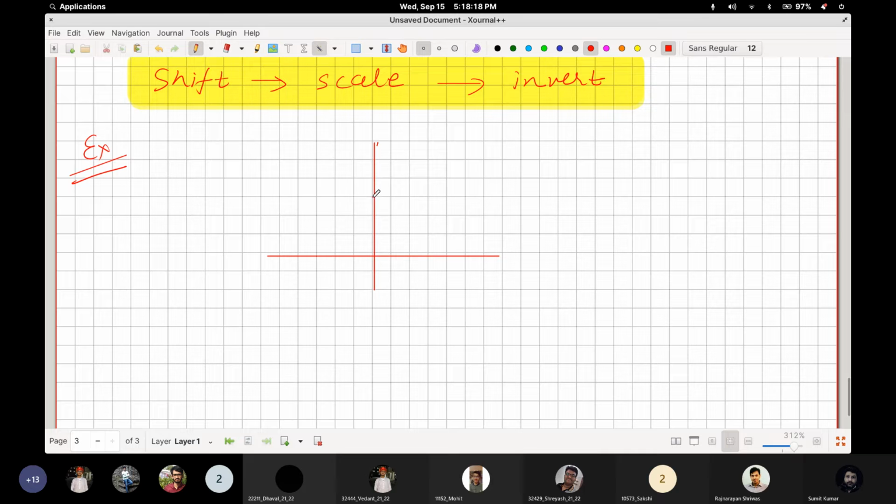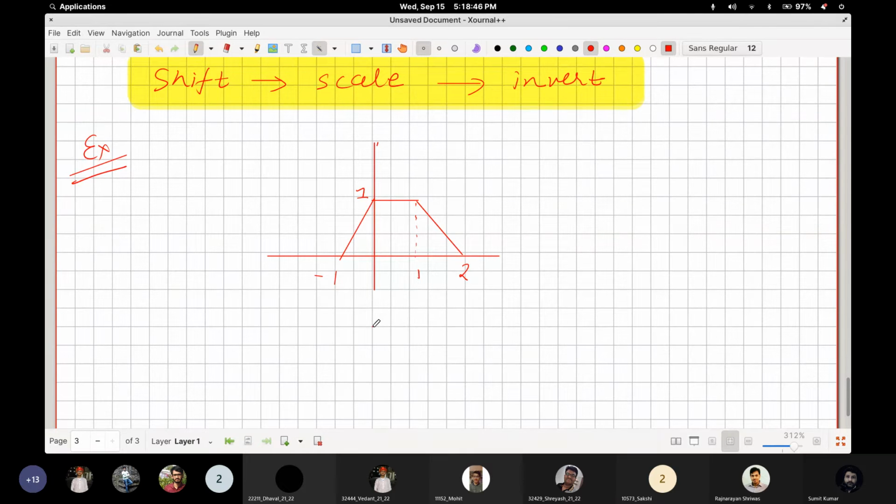The function is like this: we have a triangle and then a rectangle, and then after that another triangle here. Let's say this is -1 and this is 2 only. 2 की जगह 1 ही करने दो इसको. Let's say this is 1 on the y-axis. This point here is again 1, and this point is 2.